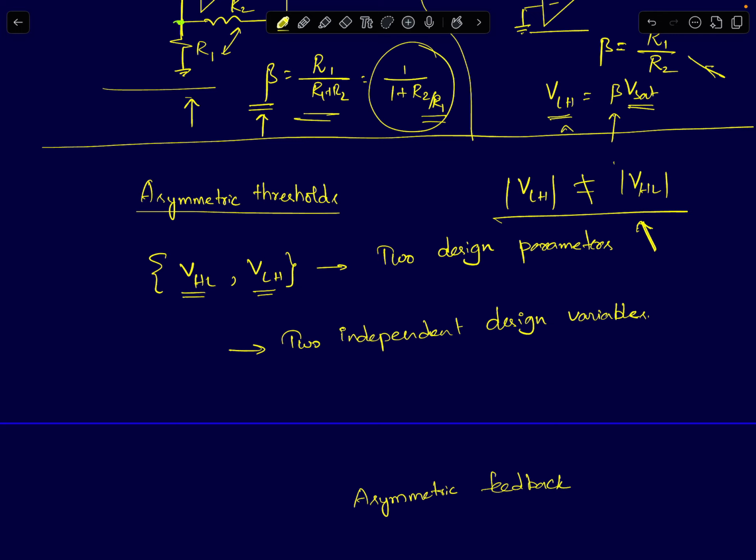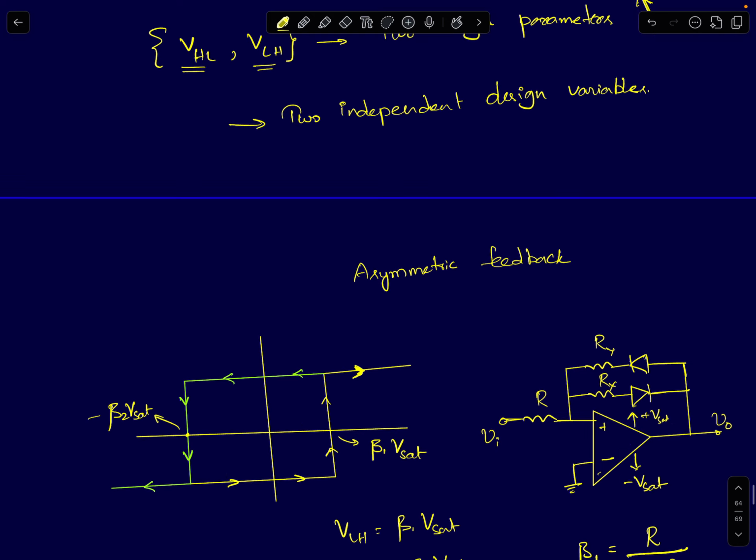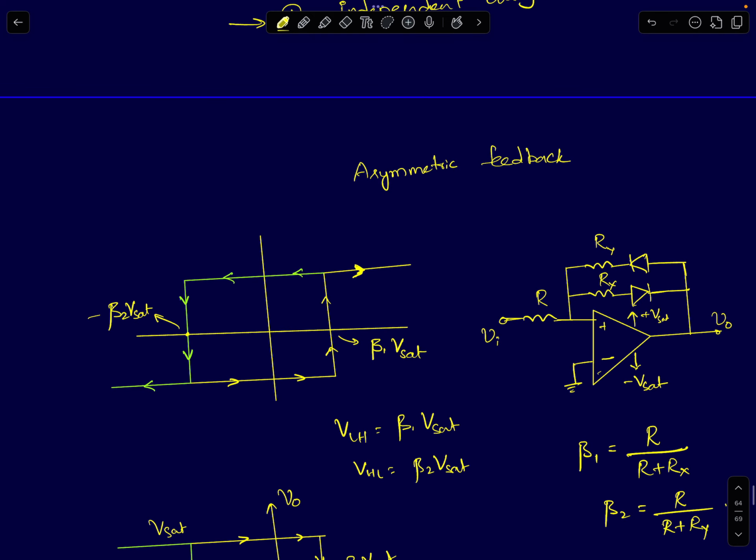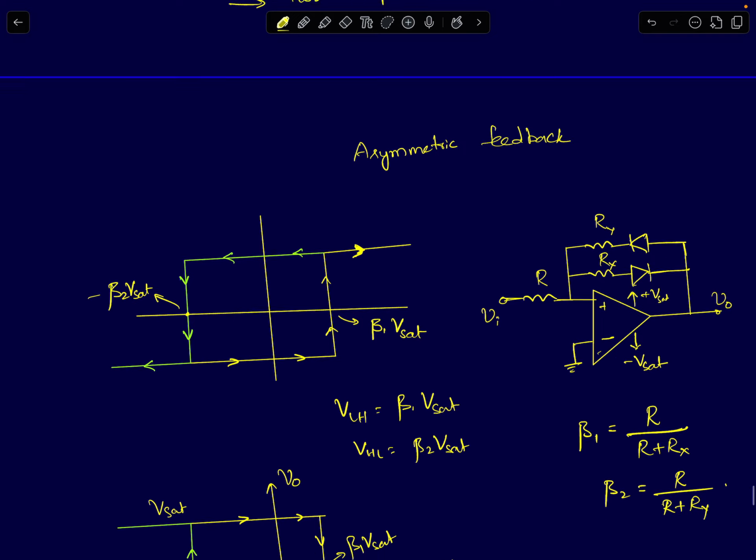For that we have discussed the circuit realizations of Schmidt triggers with asymmetric threshold voltages. The first approach is to have asymmetric feedback. When the output is logic high, you have one kind of feedback factor, and when the output is logic low, you have a different feedback factor. That's what we discussed in the last lecture.